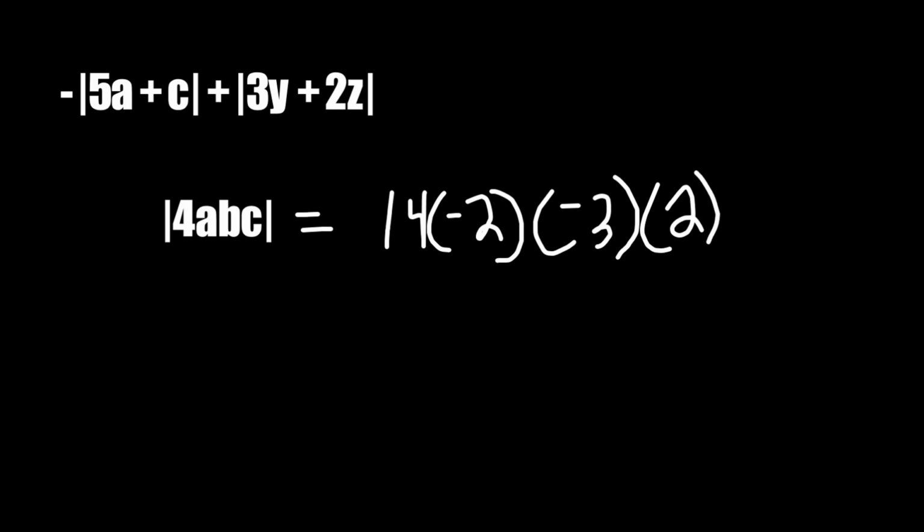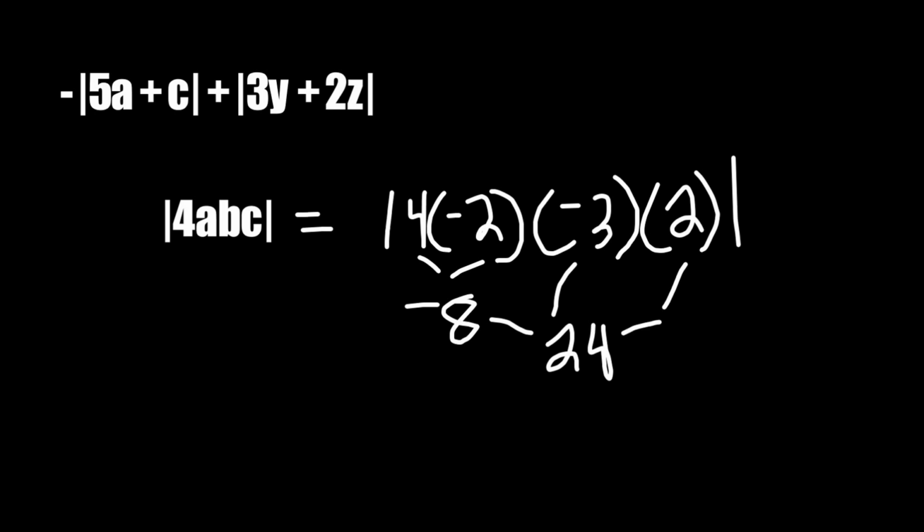So now we have to solve. 4 times negative 2 is negative 8. Negative 8 times negative 3 equals 24. And 24 times 2 equals 48.